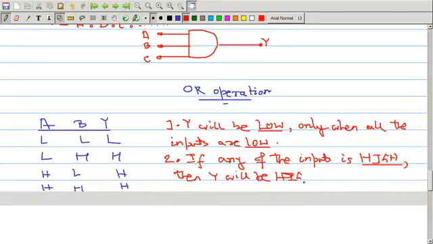If any of the inputs is high, then this capital Y will definitely be high. If this one is high, you get high over here. And if any one of these is high, either of them, then you get a high over here. So the output will be high if any one of the inputs is high.